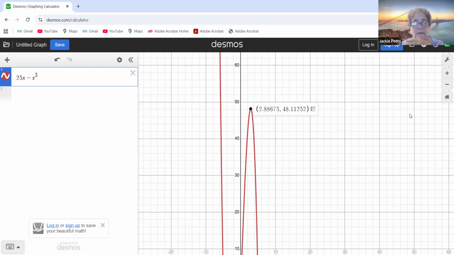My largest x would be 2.89. That works. And my largest area would be 48.1. All right. But this is problem 3 worked out. Now, you guys can repeat this using y equals 9 minus x squared and see what you get. Okay? Good luck.